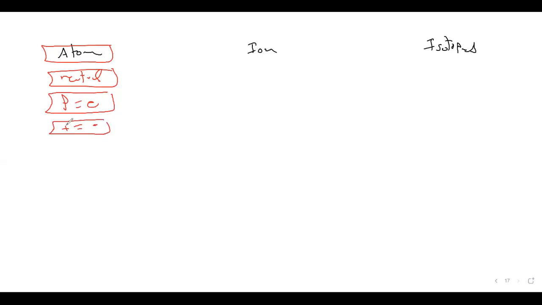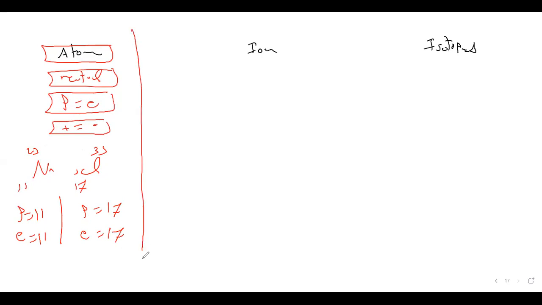This is in the case of an atom, like Na, like Cl, there is no charge. Na 11/23, Cl 17/35. Number of protons equals 11, number of electrons equals 11. Number of protons equals 17, number of electrons equals 17. So an atom is electrically neutral because the number of positive charges equals the number of negative charges, or because the number of protons equals the number of electrons.